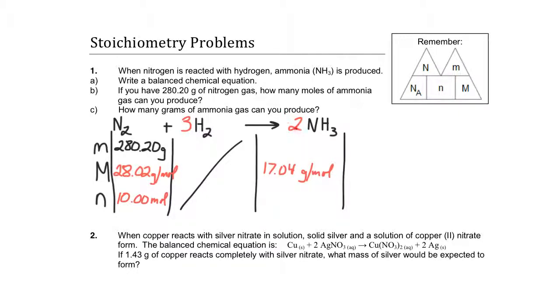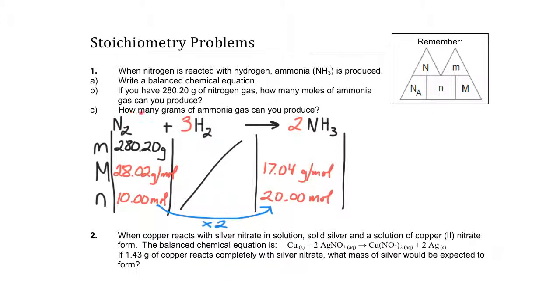So there's always twice as many moles of ammonia as there are nitrogen. So I can take the number of moles of nitrogen, multiply it by 2, and I'll get the number of moles of ammonia expected. So I can expect to produce 20 moles of ammonia in this reaction.